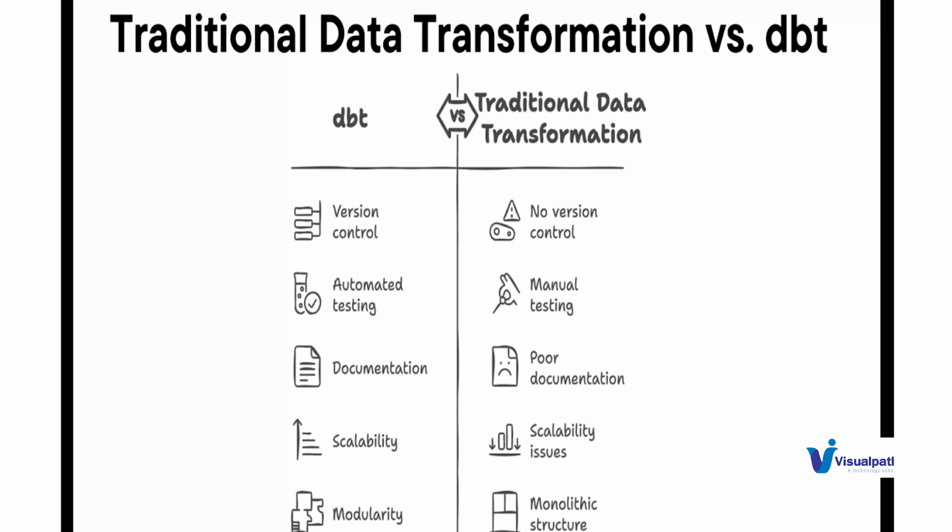Then automated testing. In traditional, we used to do manual testing, running the queries and comparing the data to do the testing. Every time a new pipeline is created, you do the testing manually, but you can't do it daily. With DBT, there are automated test cases, which run whenever the model runs.